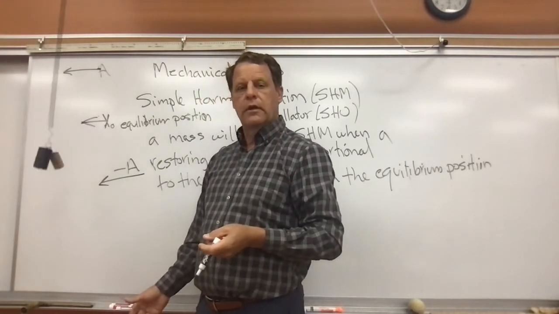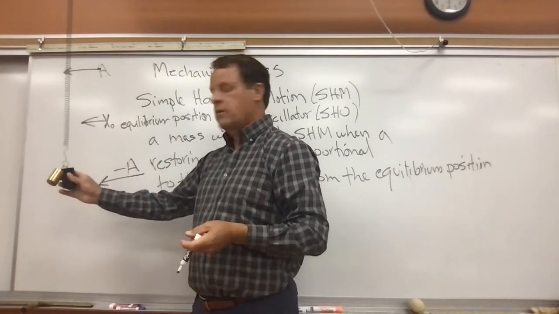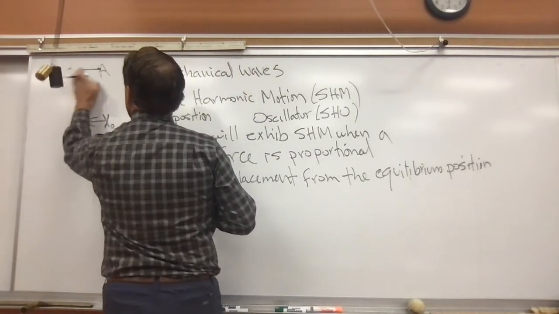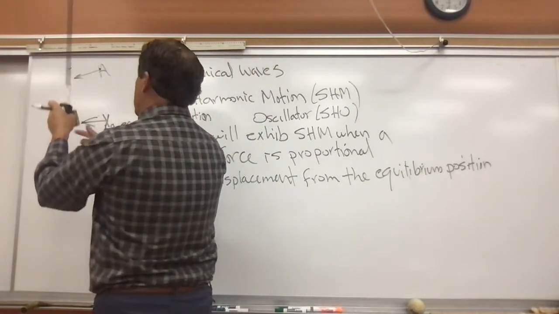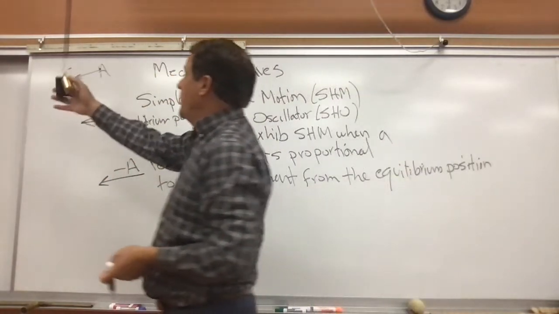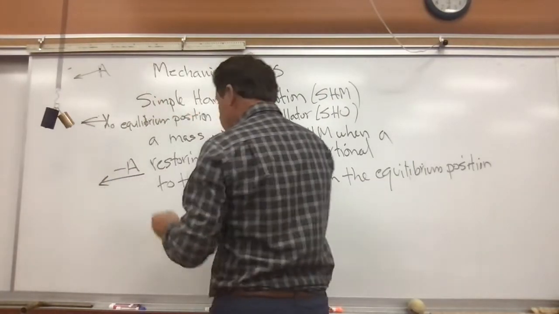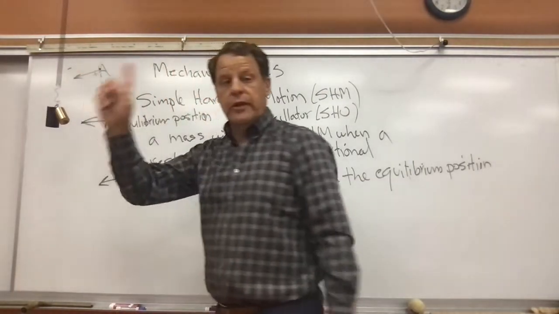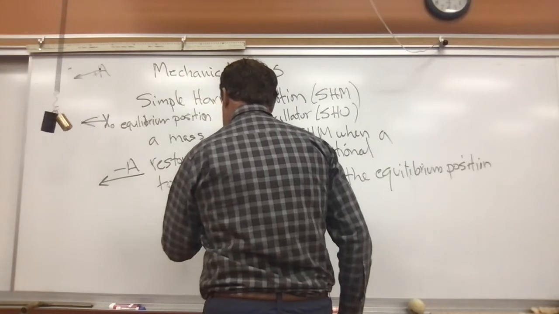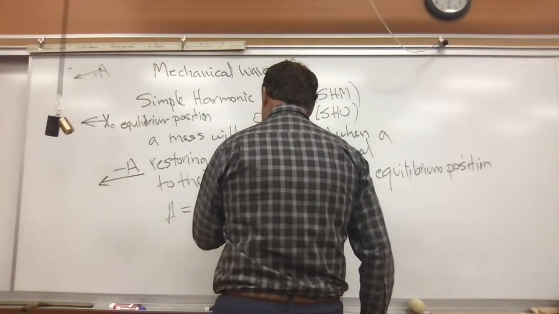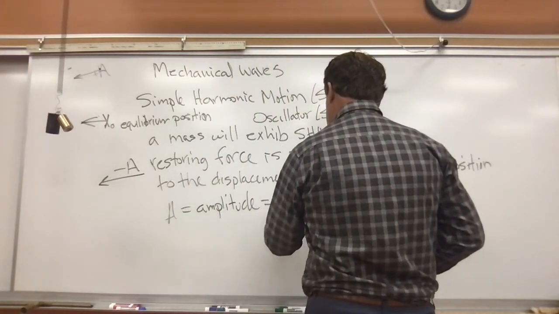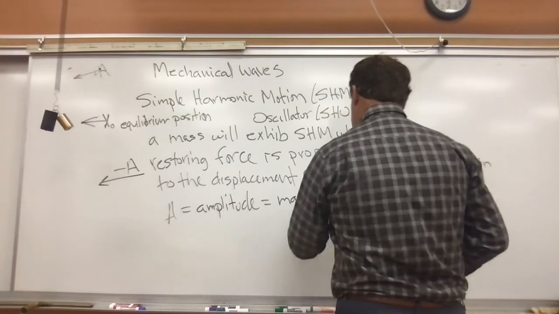Anyway, we can see that it is going to go back and forth. This A here, if we say up is positive, would be the positive amplitude. So A is the amplitude of the wave, which is equal to the maximum displacement.